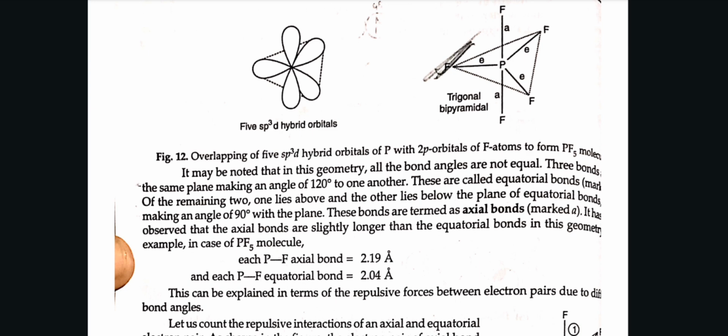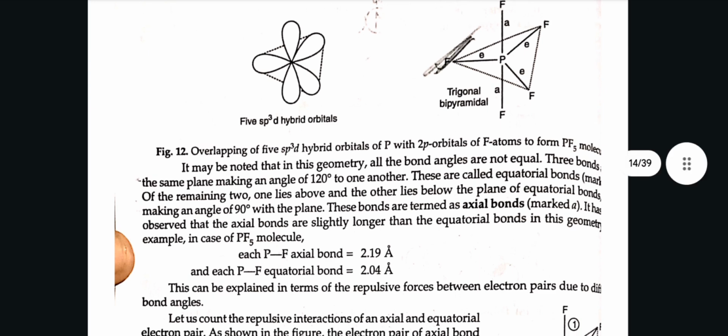Of the remaining two, one lies above and the other lies below the plane of the equatorial bonds, making an angle of 90 degrees with the plane. These bonds are termed axial bonds. It is observed that axial bonds are slightly longer than the equatorial bonds in this geometry. For example, in the PF5 molecule, each P-F axial bond is 2.19 angstrom and each P-F equatorial bond is 2.04 angstrom.